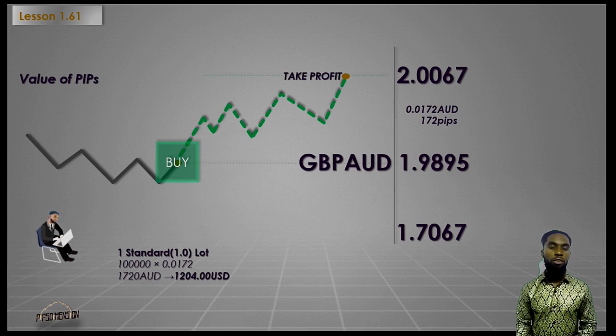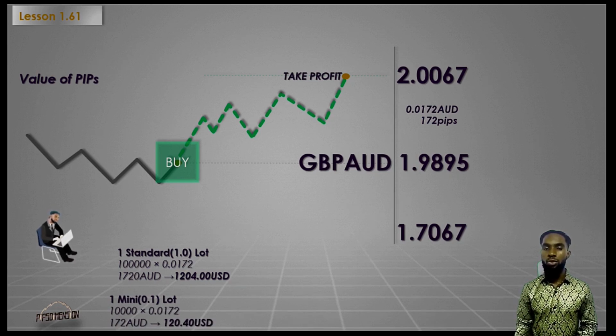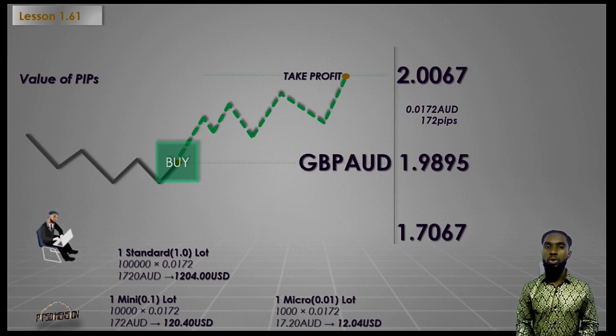Or if he traded with 1 mini lot size, then the value of the 172 pips will be 172 Australian dollars. That is 10,000 multiplied by 0.0172. If he traded with a micro lot size, then the value of 172 pips will be 17.2 Australian dollars.